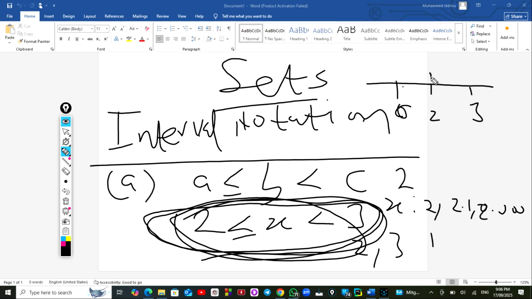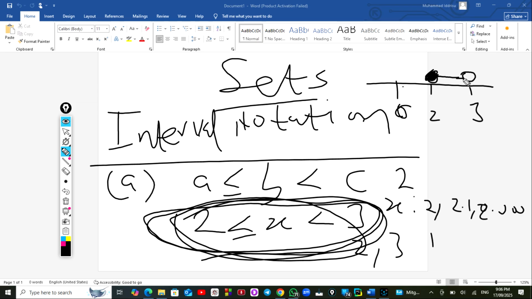If we are representing this on a number line, we have a thick circle at 2, then an open circle at 3, because 3 is not inclusive, then we join them. This is how you represent this on a number line when you were learning inequalities at high school, or if you are still in high school, it's fine. You're just coming to learn something new, but you are already familiar with this.